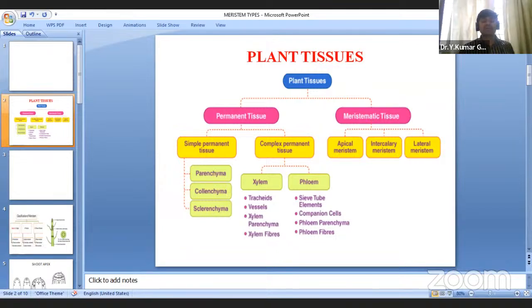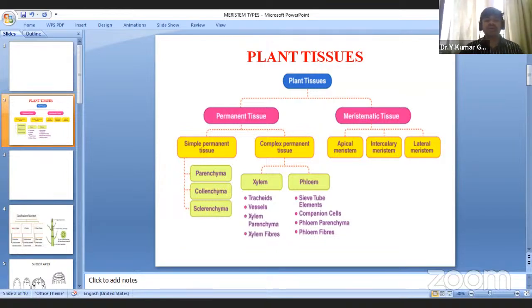And functional means photosynthesis, respiration, whatever it may be, takes place inside the cell. That's why it is called the functional unit.